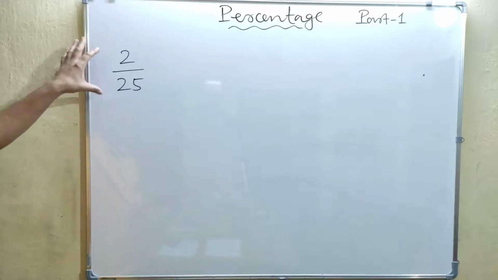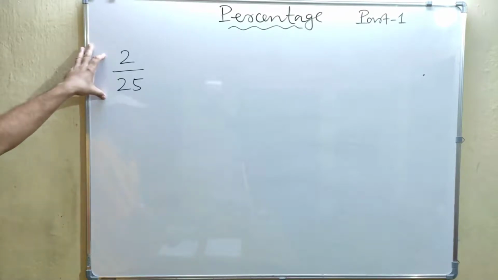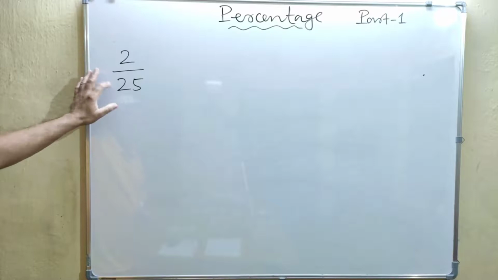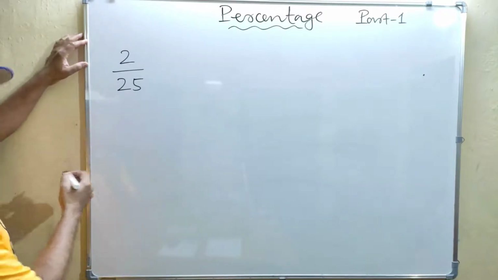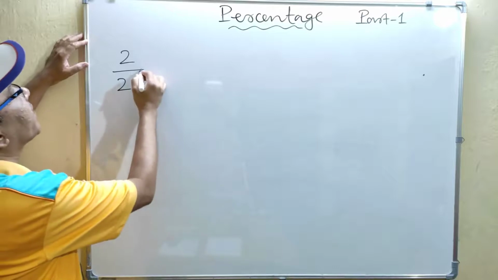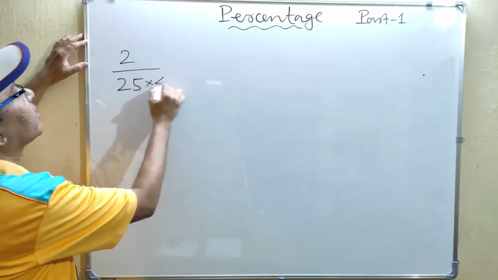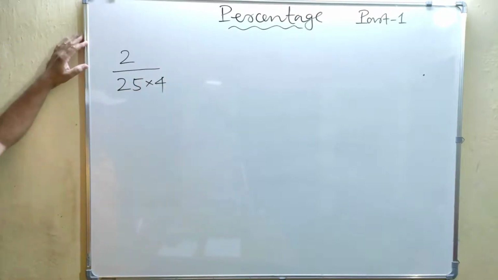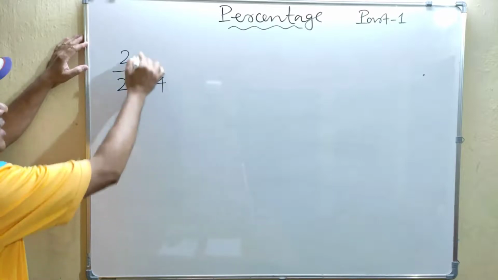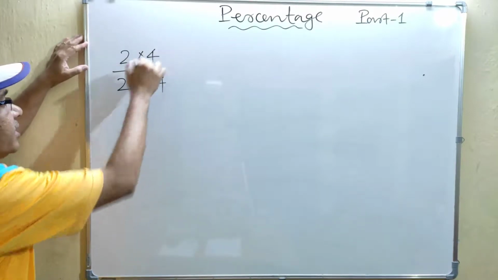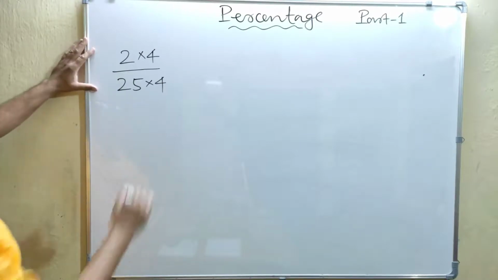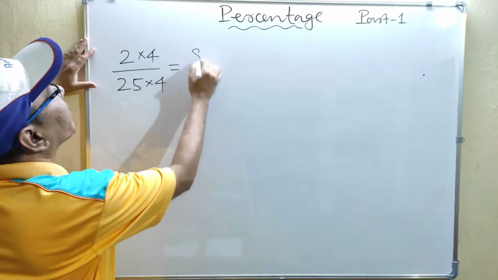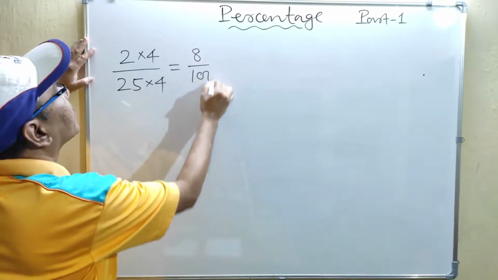So in order to convert this fraction into percent, you must bring the denominator to 100. ये डिनोमिनेटर को आप 100 बनाइए, तो ये 25 है, इसको आप 100 कैसे बनाएंगे? ऑब्वियसली 4 से मल्टीप्लाई करने से ये 100 होगा। तो 4 से जब यहाँ मल्टीप्लाई कीजिएगा डिनोमिनेटर में, तो आपको न्यूमरेटर में भी मल्टीप्लाई करना पड़ेगा बैलेंस करने के लिए। ओके, सो नाउ इट बिकम्स 8 by 100.